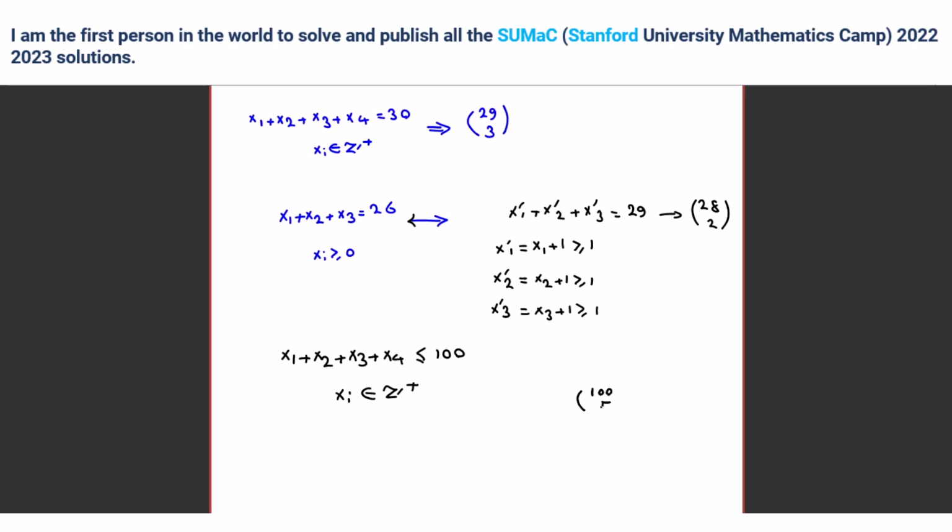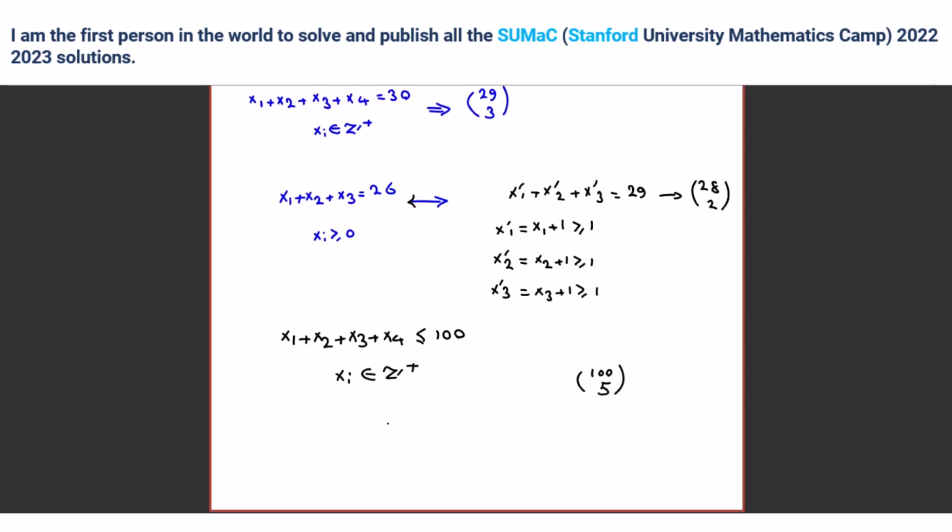100 choose 5. Let's check. The sum can be equal to 4, it can be equal to 5, it can be equal to 6, up to 100. So when the sum is equal to 6, it is what? Choose what? No, pay attention.